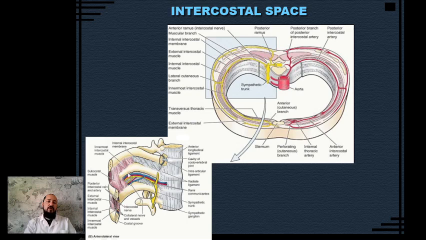The position at the inferior margin exists only from the scapular line to the anterior axillary line. After the anterior axillary line it also makes many branches and is located in the middle of the intercostal space.